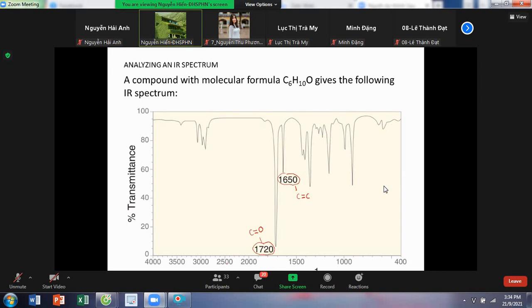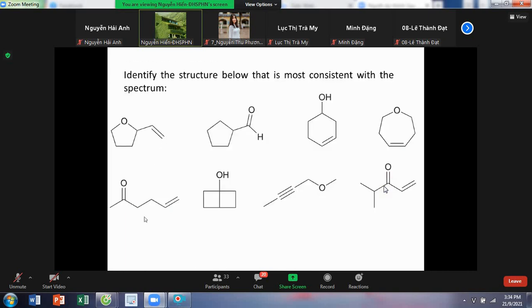And in all of our compounds, you see that some compounds have only C=C double bonds. Some have both a C=C double bond and a carbonyl, and some have only a carbonyl, and some do not have any double bonds. So you can very fast exclude those that do not have two double bonds. So this one will not correspond to the spectrum.